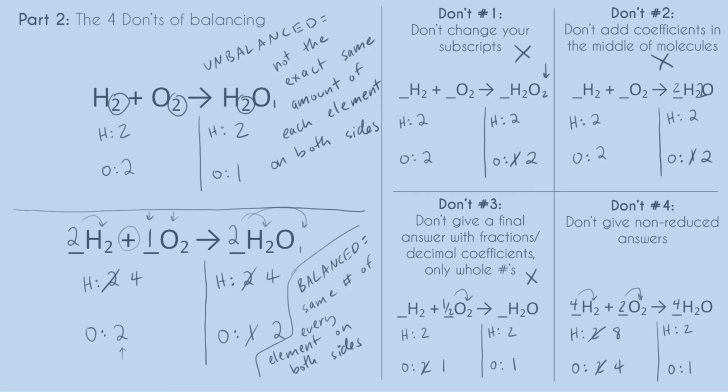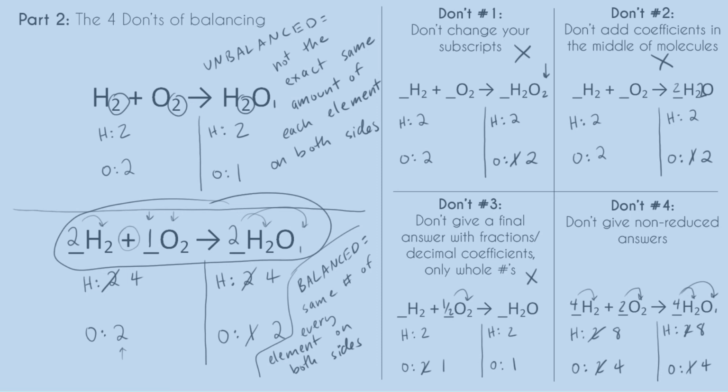And then on the right-hand side, you'd have 4 times 2, so 8 H's, and then 4 times 1, so 4 oxygens. So this is balanced, so why can't it be your answer? Well, because it's not the most reduced answer. We know the real answer is over here. It's the coefficients 2, 1, and then 2. So those are the lowest whole numbers that create a balanced equation.